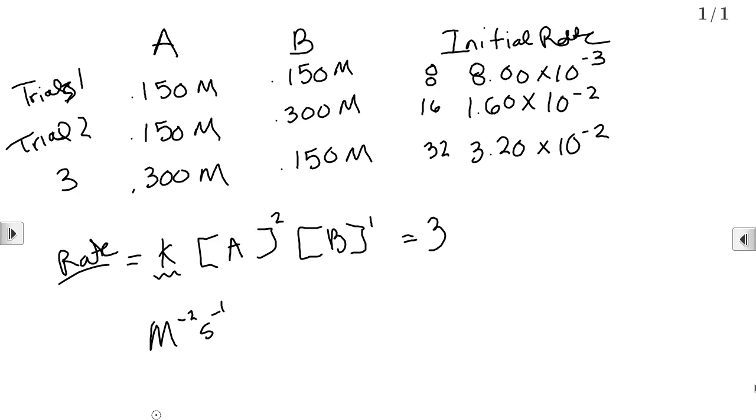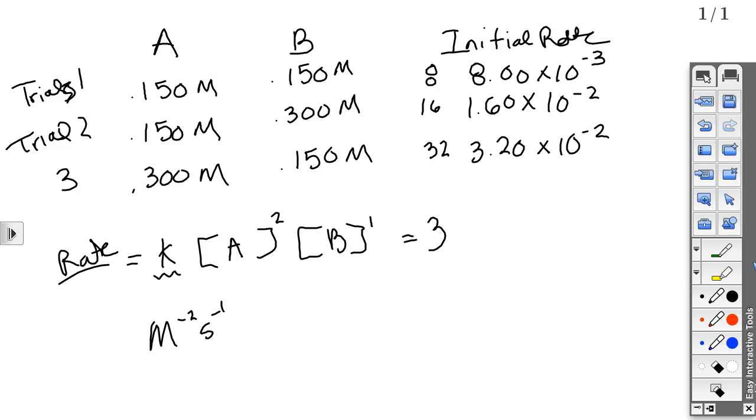How'd you know to look from 1 to 3? Okay, were you cool when we did B? I have to find one where B doesn't change. You have to find one where this one doesn't change and this one does. And then you see what happens, this doubles. How does that make you feel?